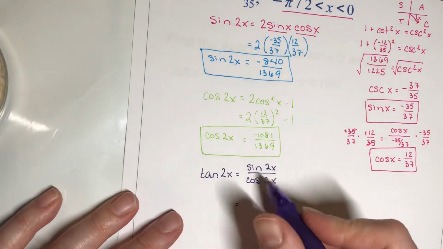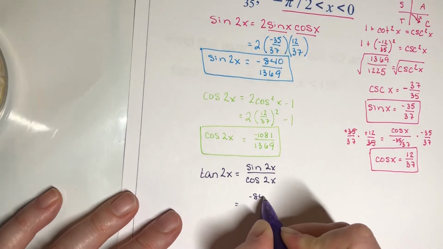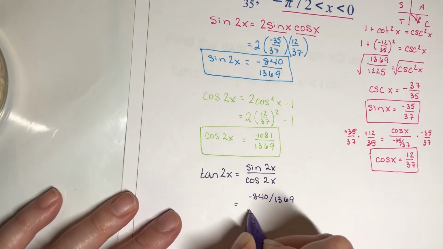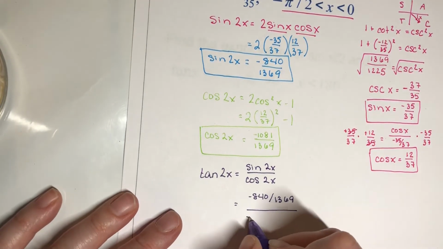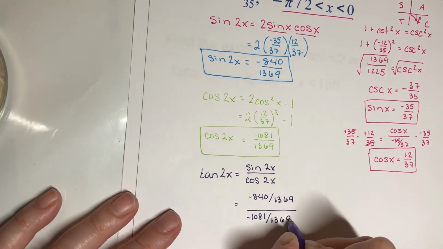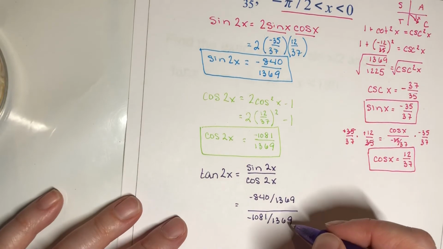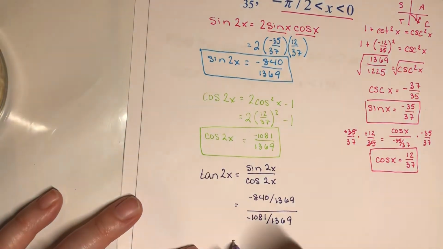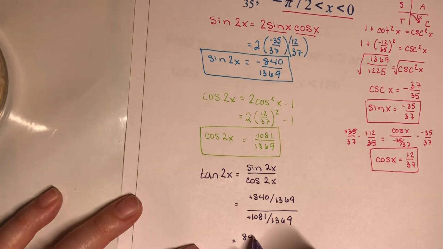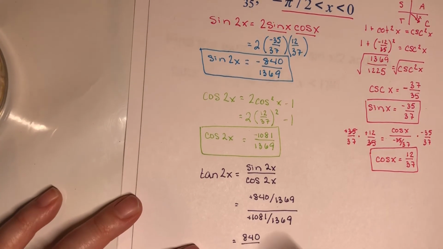So if I were to set that up, I would have negative 840 over 1369 over negative 1081 over 1369. And dividing by a fraction would be the same as multiplying by the reciprocal. Two negatives do make a positive. So I'm going to go ahead and write out all this work.